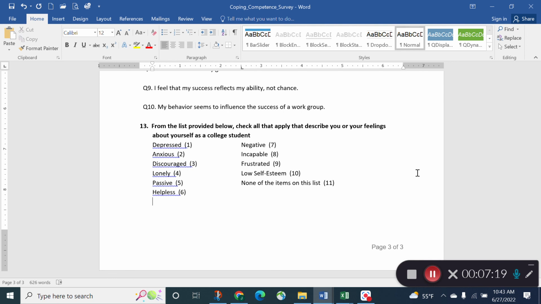And so if 10 different people said helpless, that might be one of the things that you talk about in your Excel project. So the numbers here don't really mean anything, but you'll see when we get to the instructions, you'll be asked to analyze like the top 4 or 5 things, or maybe not even that many, that people said that they felt like. So we'll talk about that as we look at the instructions.